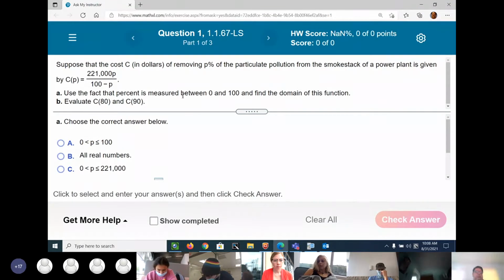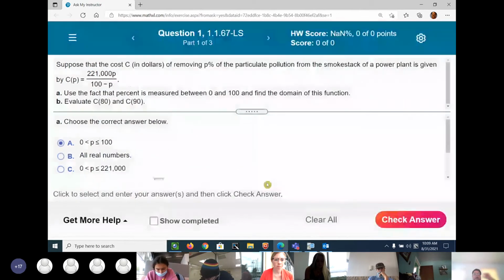Use the fact between and find the domain of this function. The domain should be 0 to 100, and it should be inclusive of 0 because with 100 minus 0, you can use 0. I don't know why that's not... Should be A.